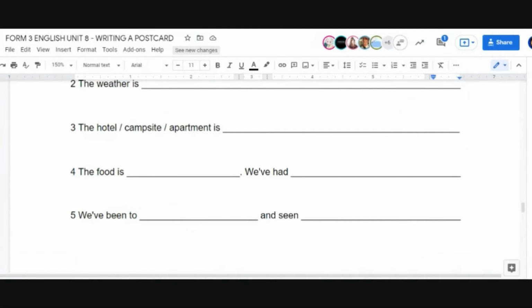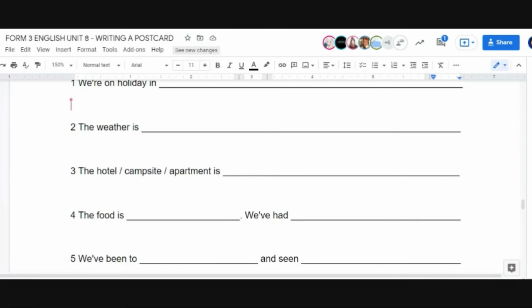Describe how the food tastes and then what food you have had in that place. Must be something special. Must be some special dishes in that particular place. Don't write about fried rice unless fried rice is a very popular food there, okay? Or don't write KFC, McDonald's anymore, please, okay?